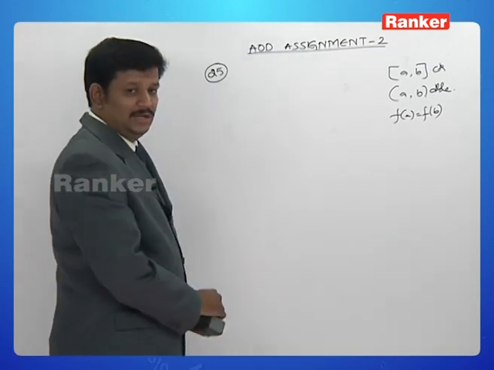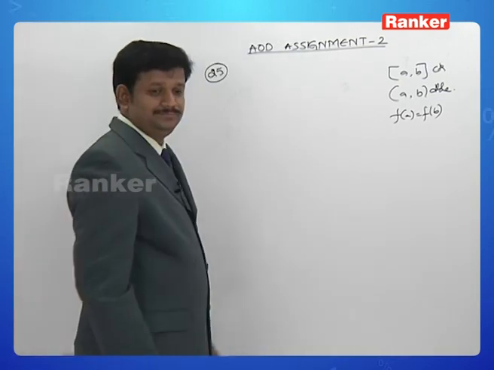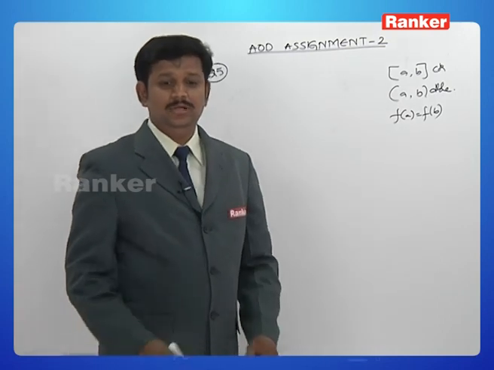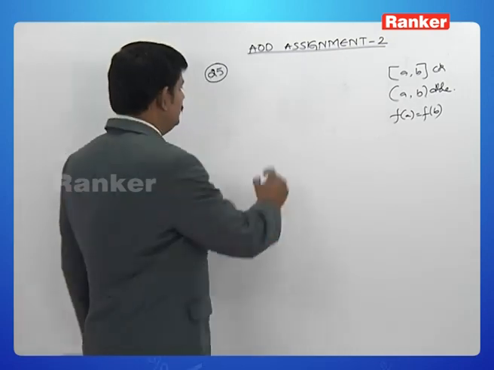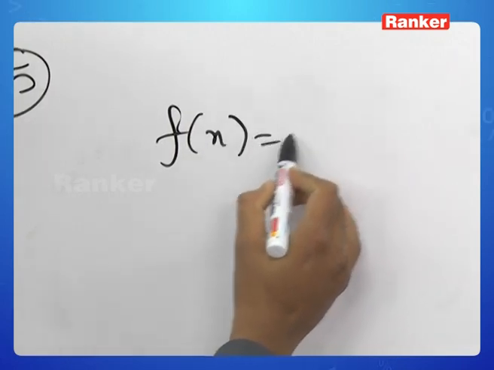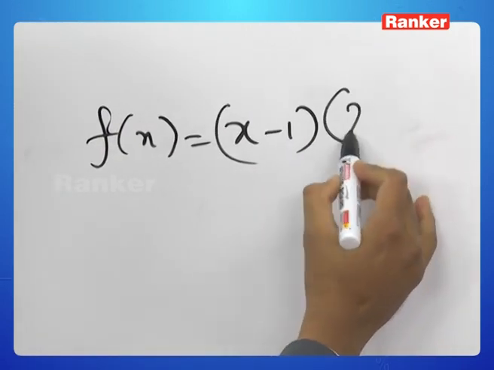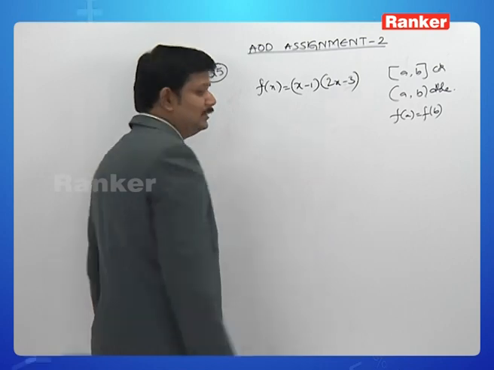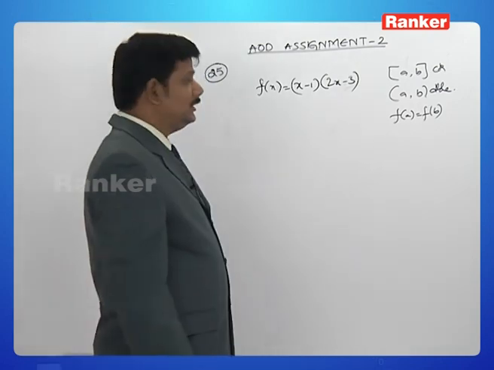Let us see if on function f of x is equal to x minus 1 into 2x minus 3, we can apply Rolle's theorem in the interval 1 to 3.